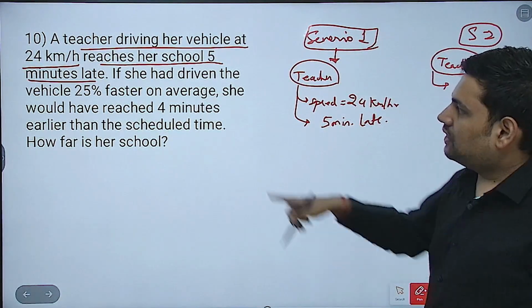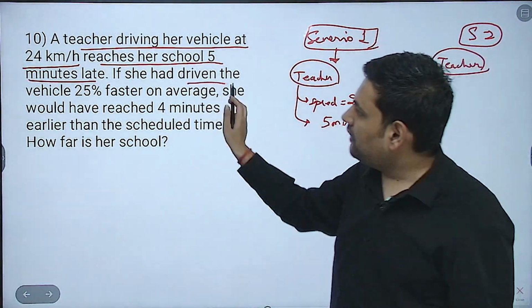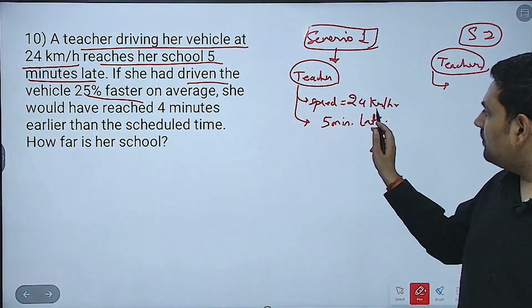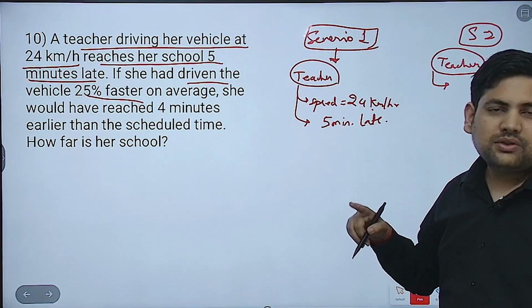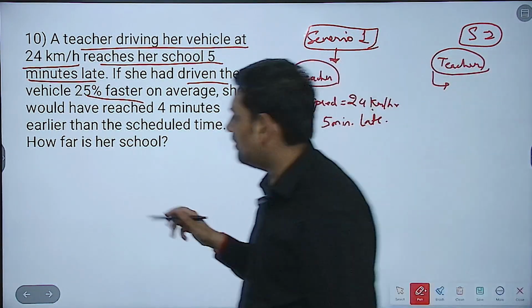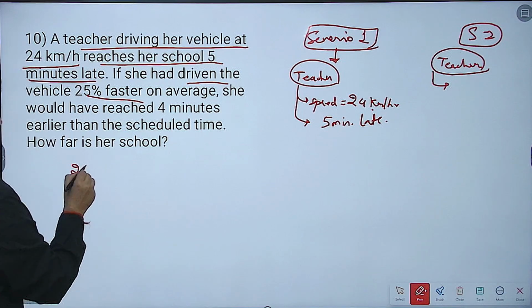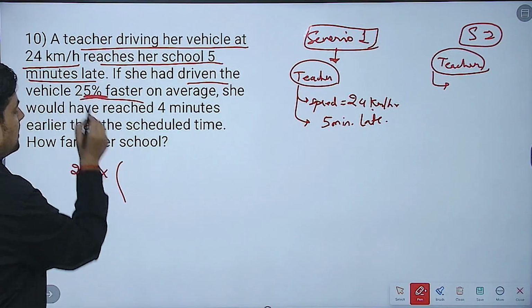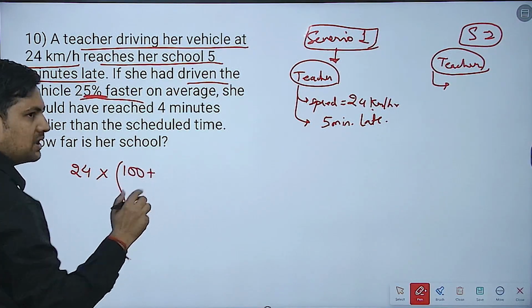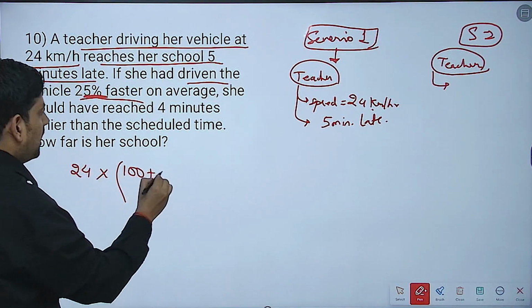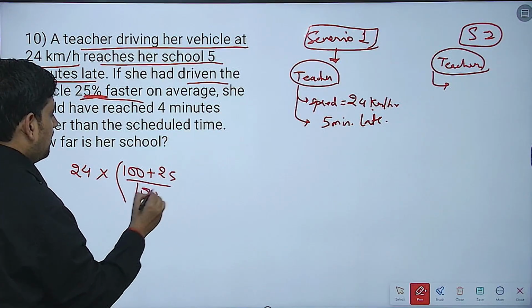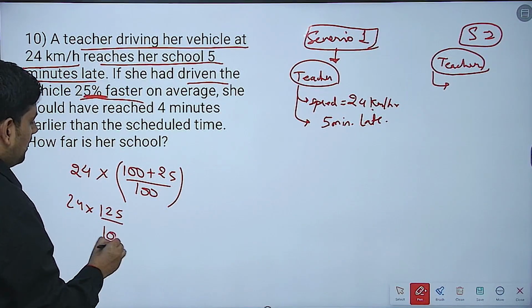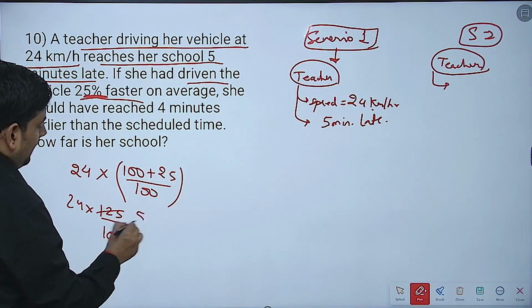Now if she had driven the vehicle 25% faster from 24 km per hour, 25% is 1 by 4 added. Or simply in percentage, as we had seen, 24 km per hour into 25% faster means 100 plus 25 by 100. This comes out to be 24 into 125 by 100, that is 5 by 4.